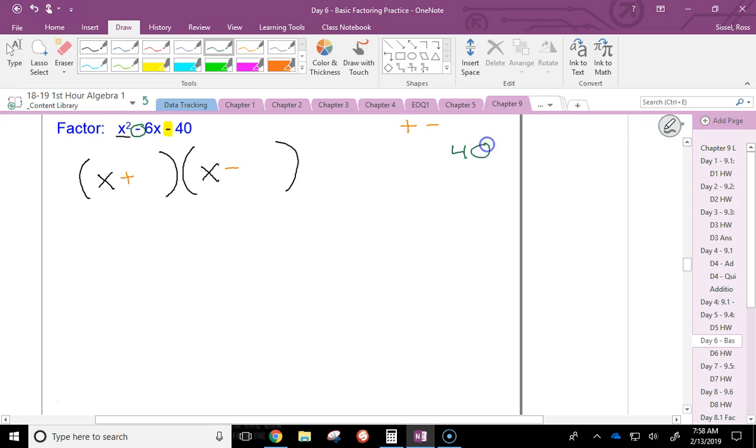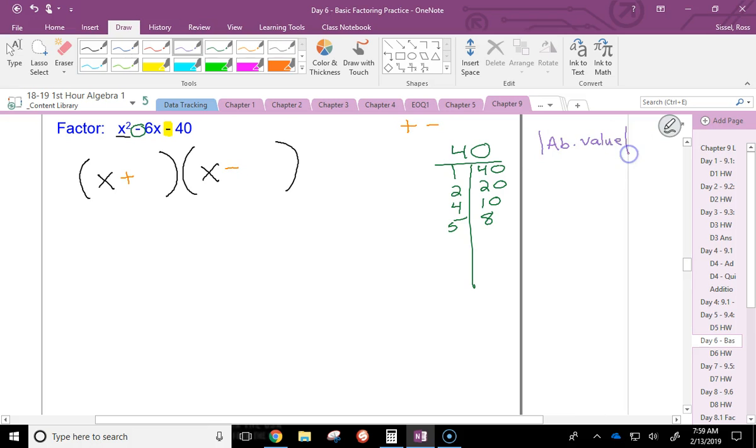We list the factors of 40. 1 to 40, 2 to 20, 3 doesn't, 4 to 10, 5 to 8, 6 doesn't, 7 doesn't, 8 we already have. Now, I like this one. To me, this one's easier because what I always think about is since I have opposite signs, I always look for just the absolute value.